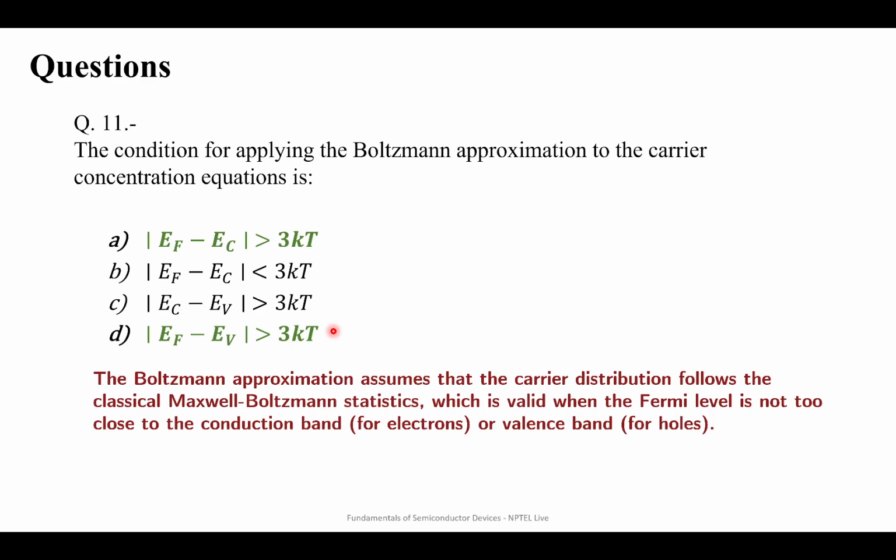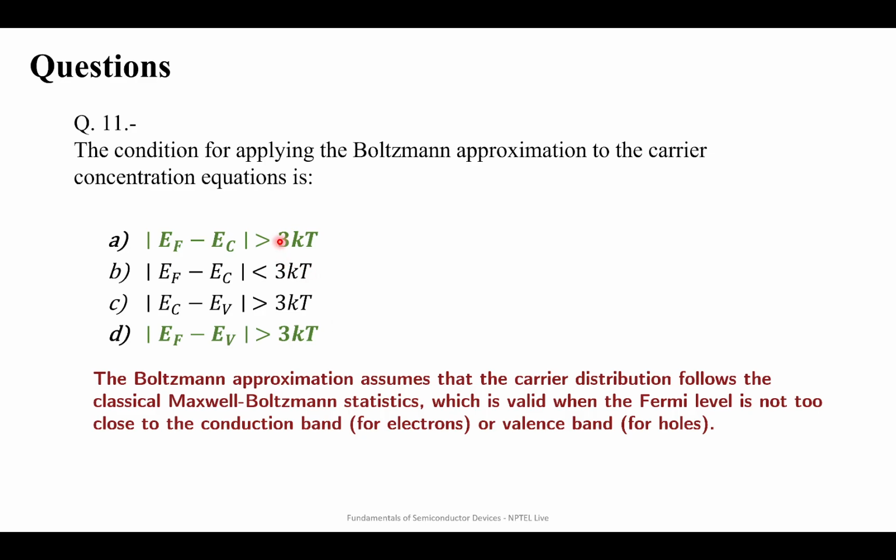So the Boltzmann approximation assumes that the carrier distribution is following the classic Maxwell-Boltzmann statistics, which is only valid when the Fermi level is not too close to the conduction band or valence band. So this gives us the condition for conduction band, and this gives us the condition for valence band.